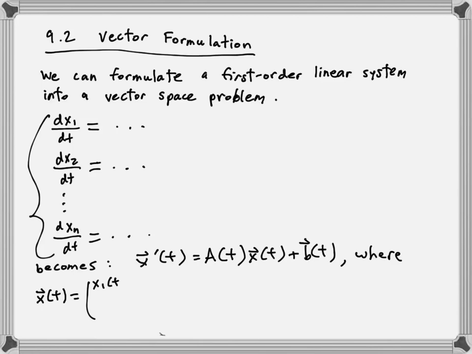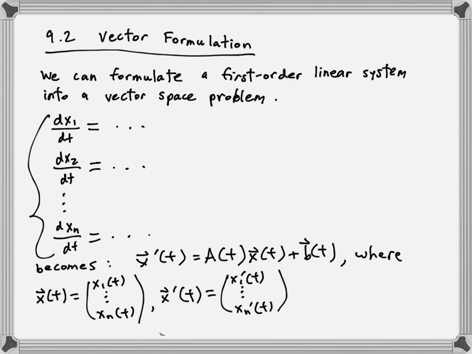So it's x1 of t all the way to xn of t. So we take all of those guys and we put them into a vector. And of course, the derivative would just be exactly that, x1 prime of t. It's the derivative of all of the individual component functions in there.